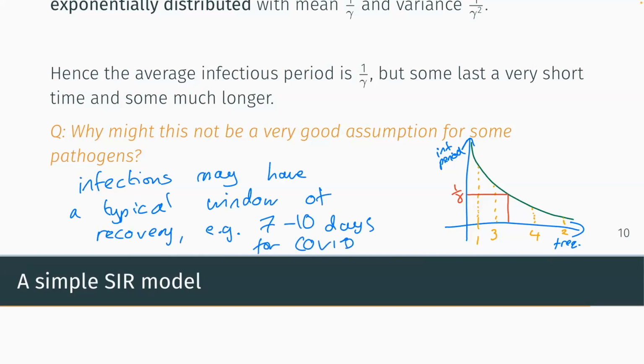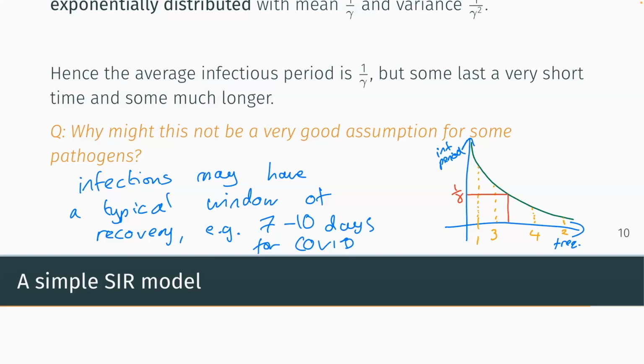So this doesn't really match up mechanistically with what we would think happens in a lot of cases. If you have something that has a really, really long infectious period, then you can reduce this rate, but you'd still always have some people that recover very, very soon.